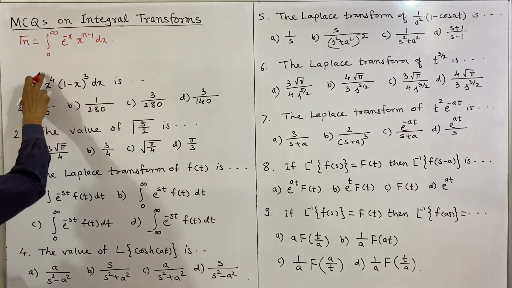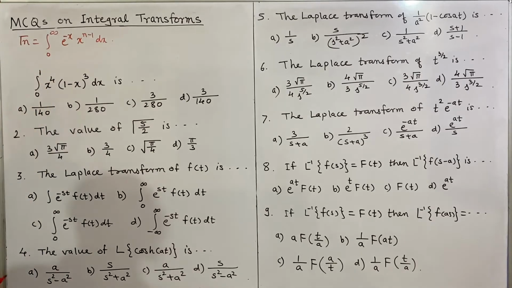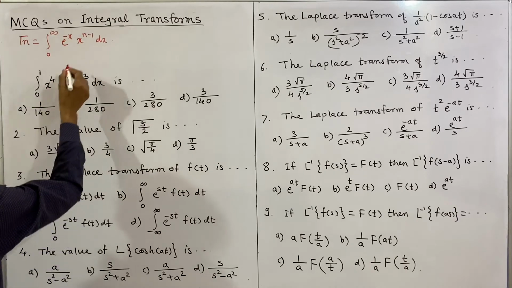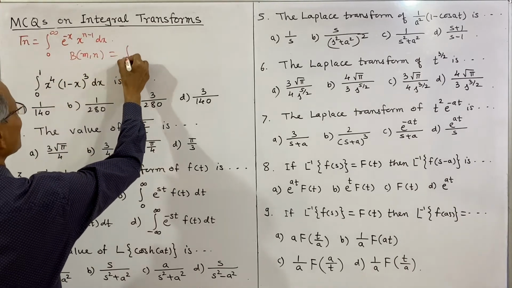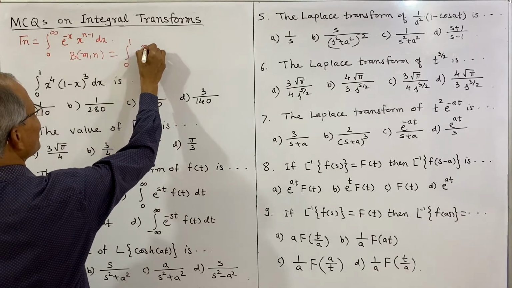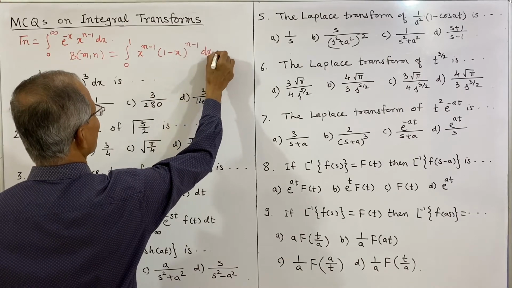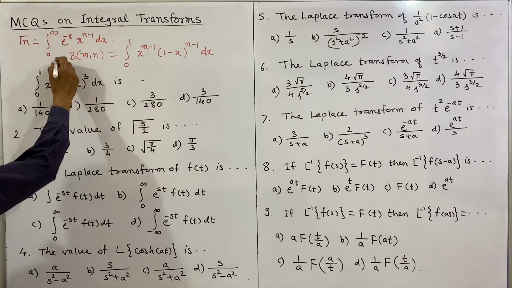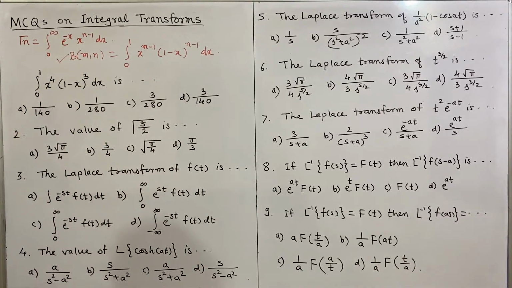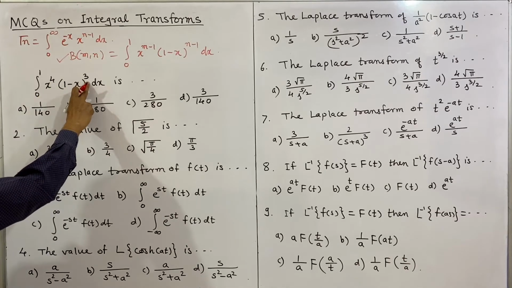But you see the integral is from 0 to 1 and therefore we have to use the definition of beta function. Beta function is beta of m and n is integral 0 to 1 x power m minus 1 into 1 minus x power n minus 1 into dx. Now see, this is of the form, beta function form, and we can write 4 as 5 minus 1 and 3 as 4 minus 1.